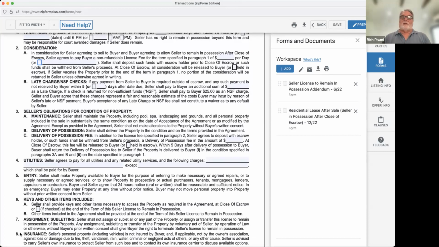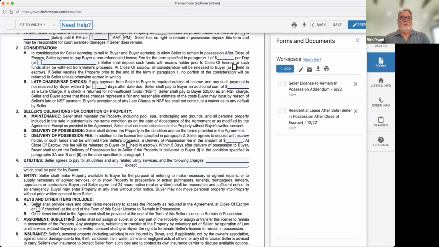Delivery of possession. Seller shall deliver the property in the condition and on the terms provided in this agreement, meaning when they say they are. Delivery of possession fee. So this used to be called a deposit. It's no longer called a deposit. And it's called a possession fee.